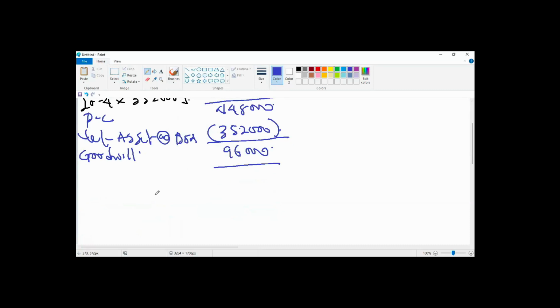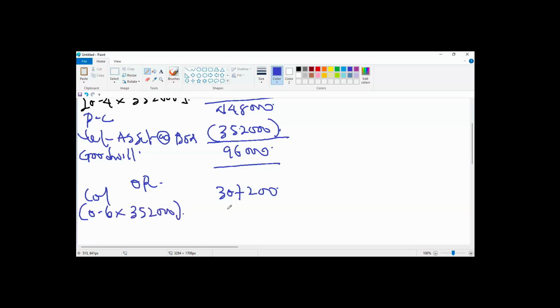I can use the shorter method of the goodwill, which is the cost of investment, 307,200. Remove parent portion of the net asset, 0.6 times 352.